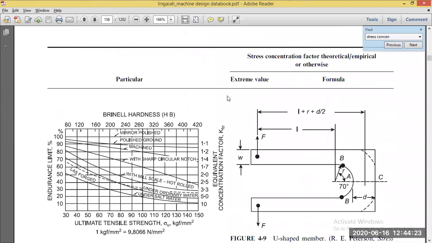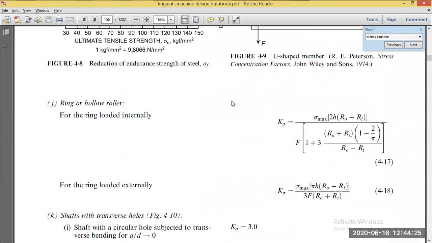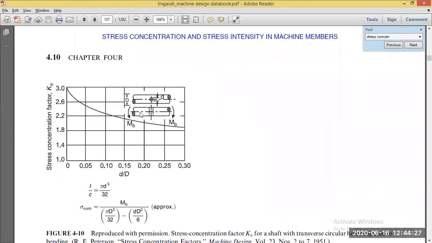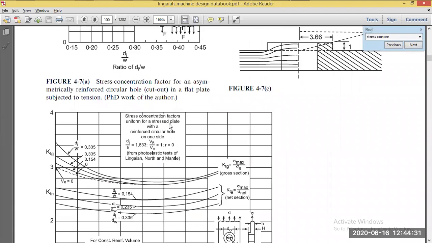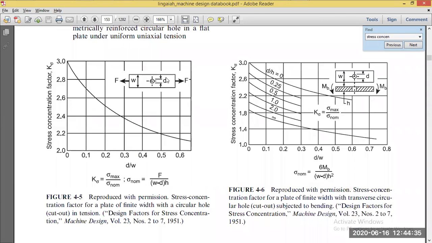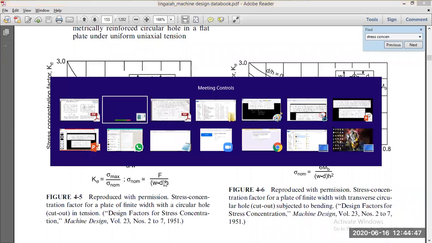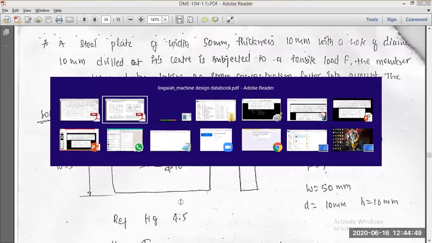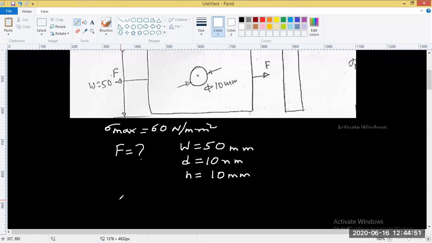We have plate with hole, plate with shoulder, and cylindrical plate with hole. All formulas relating to that you will find in that particular sheet itself. So check this out. We have W and D, and you see H is the thickness. The side view is not given, but you can see the very next figure.